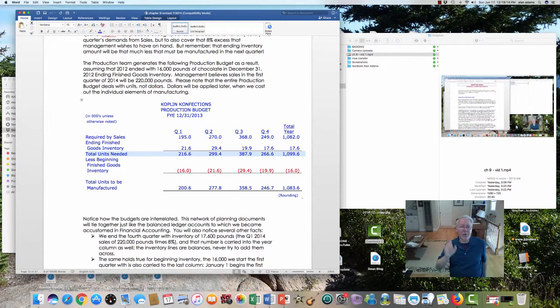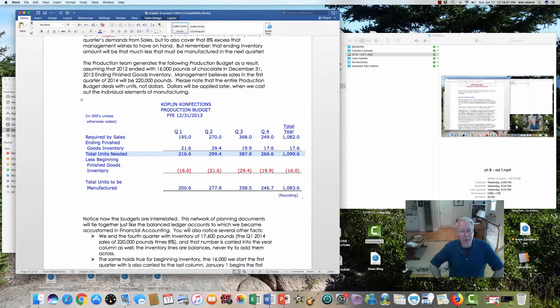Okay, now let's stick with the concept of inventory. We have to presuppose that we ended the previous year, 2012, with the same requirement in mind. Management said we want to take the first quarter of 2013, their projection, and we want 8% of that. So we can assume that on January 1st of this year, we already had some in our warehouse. Well, listen, if you already have it, you don't have to make it, right?